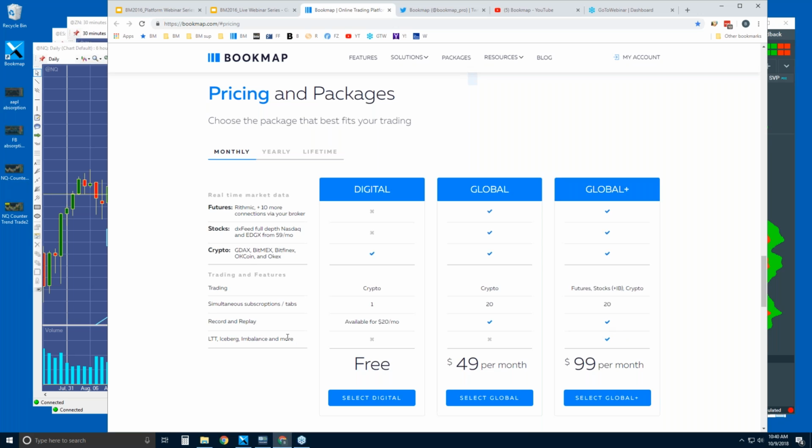There's all sorts of add-on indicators down here. You can see the check mark here that you don't get for the global. It's the large lot tracker, our iceberg detector, imbalance indicators, etc. These are proprietary indicators that we put together. They allow you to understand order flow phenomena in a unique way. For example, with our iceberg tracker, we can identify larger players who are hiding their liquidity in the book.